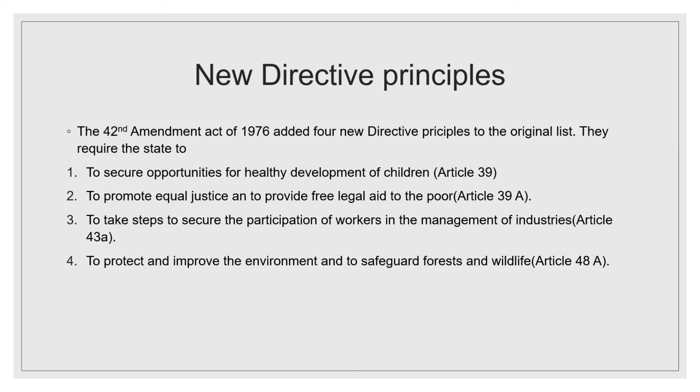Let's go to the new directive principles. The 42nd Amendment Act of 1976 added four new directive principles to the original list. They require the state to secure opportunities for healthy development of children, Article 39, to promote equal justice and to provide free legal aid to the poor. It is in Article 39A.